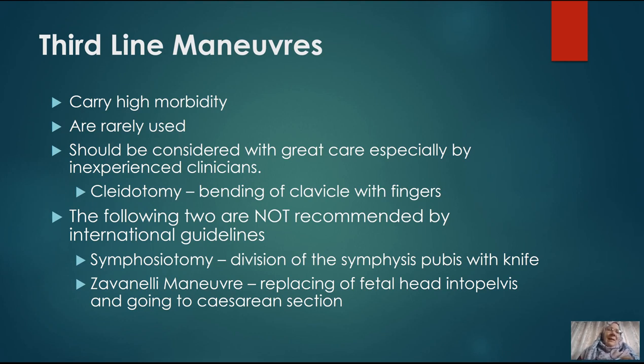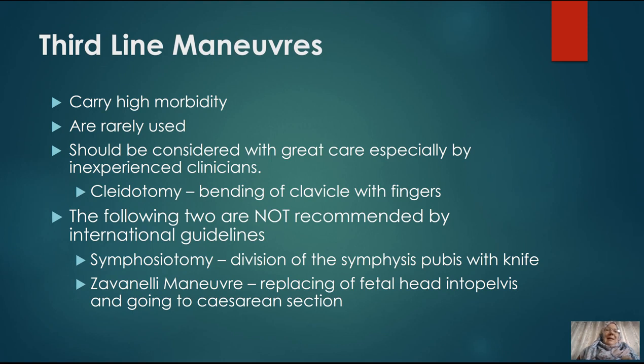The second one is the Zavanelli maneuver, which means to replace the fetal head back into the abdomen, then go and do a cesarean section. Again, this will take at least 15 minutes. So after 15 minutes you will have a baby with neurodevelopmental problems following birth. In most of these procedures that were described, you had dead babies at the end.